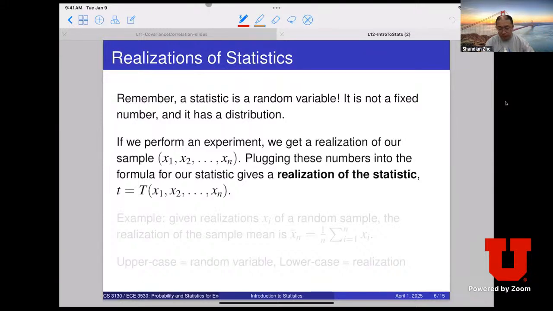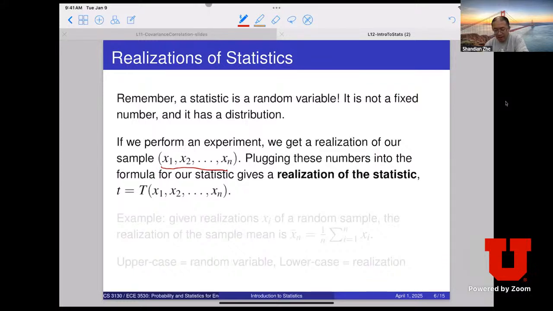So if we perform an experiment, we have some realization of our sample. By realization, it just means if we perform the experiment and look at the measurements of x1 to xn, we get a set of values denoted by lowercase x1 through xn.